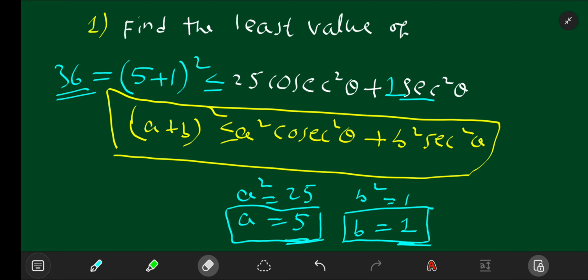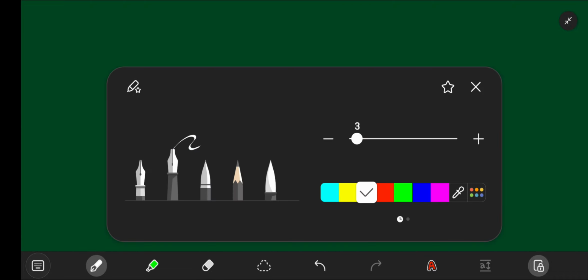Next, let's do another one. Another PYQ. Second PYQ.